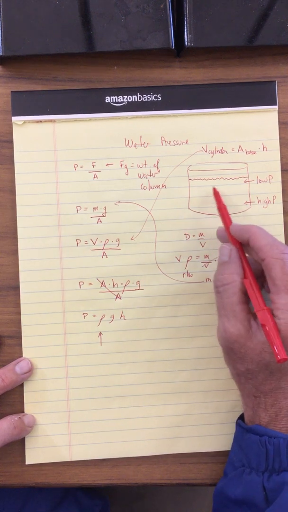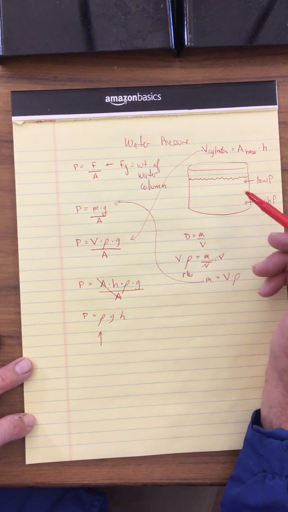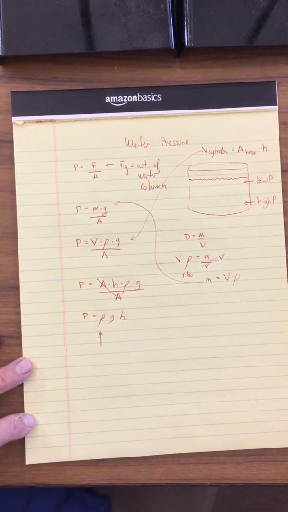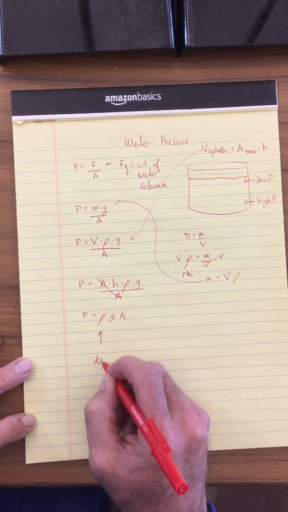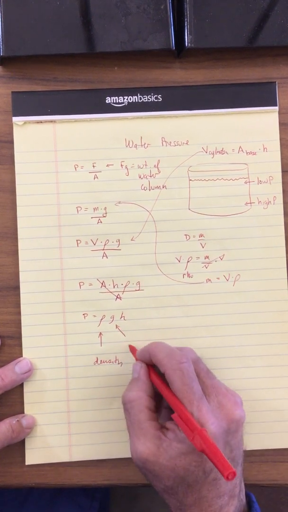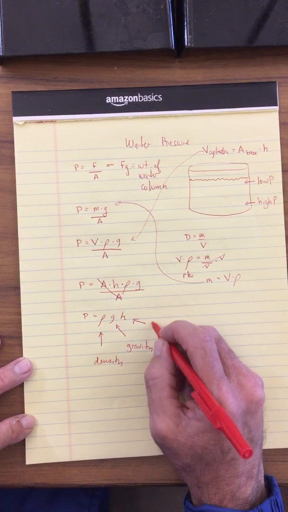Imagine if this were honey, for example. Honey would be pushing down on top of you more than plain water because it's denser. So your pressure is based upon density, gravity, and of course, the height.